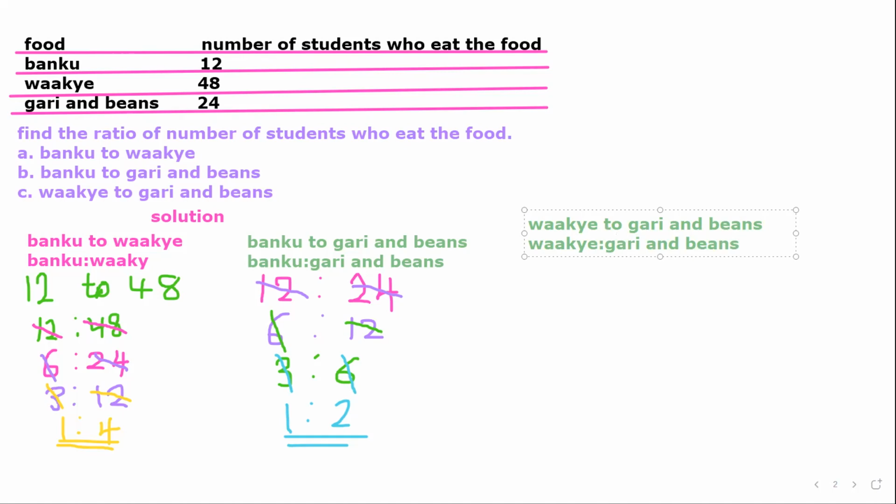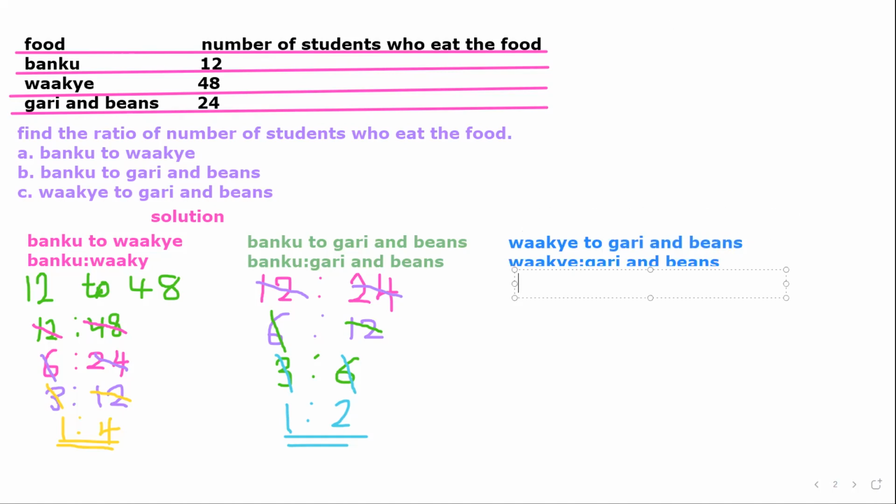Okay, good. Now you have this one. So the number of students who prefer Wache is 48, to Gari and beans here is 24.